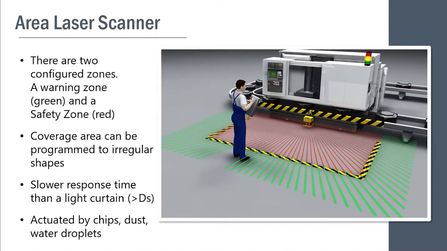One of the negatives of laser scanners is they do have a slower response time than a light curtain, so it requires a greater safe distance than you would for a light curtain. And they aren't really usable for scenarios with dust and chips or water droplets or things like that that would get in the beam field and trigger the beams.